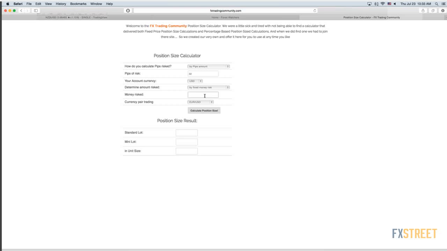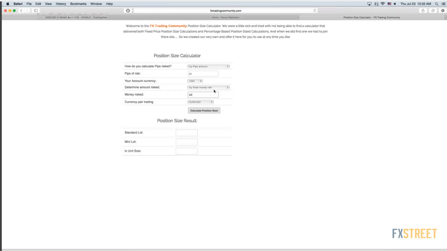That amount needs to be something that if you lose it 2 or 3 times in a row, it's okay. So whatever the amount of money may be, let's say you're okay with $30 per trade, which means you can lose 3 trades in a row and that's okay.